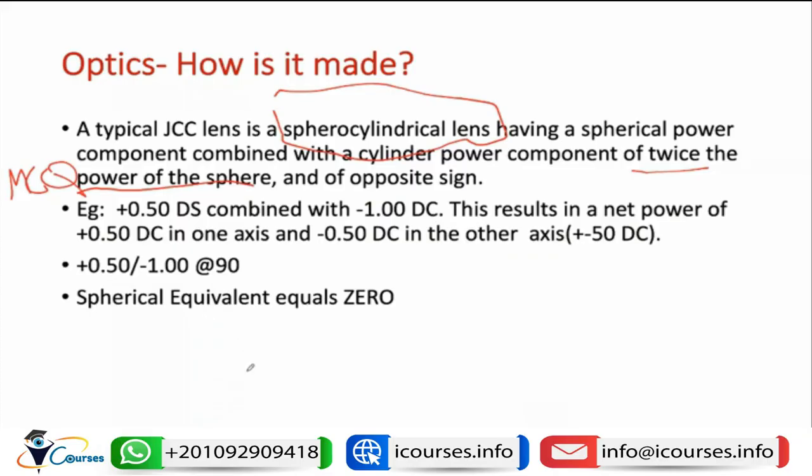So if we have a spherocylindrical lens of plus 0.5 sphere and minus 1 cylinder, then the net power of this will be plus 0.5 in one axis and minus 0.5 in the other axis, because this will be the same as plus 0.5 and minus 0.5.